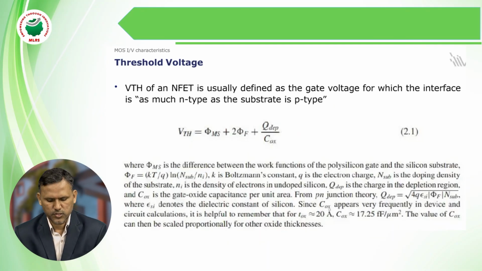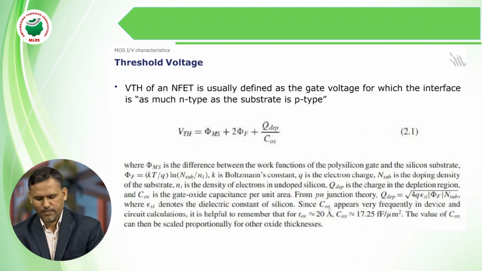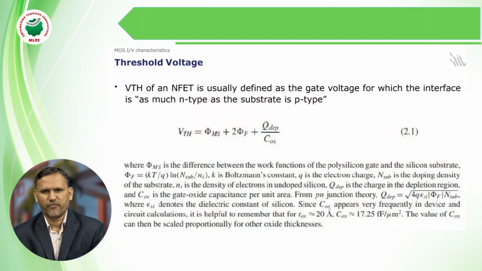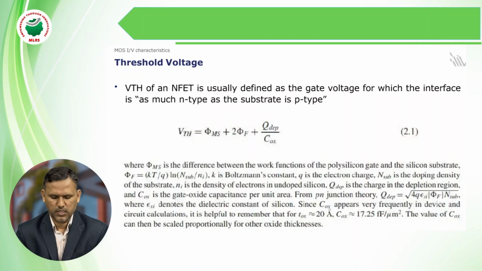The formula for the threshold voltage can be represented with respect to the work function, depletion charge and capacitances. The threshold voltage for an NFET, meaning an N type metal oxide semiconductor field effect transistor, is defined as the gate voltage for which the interface is as much N type as the substrate is P type.